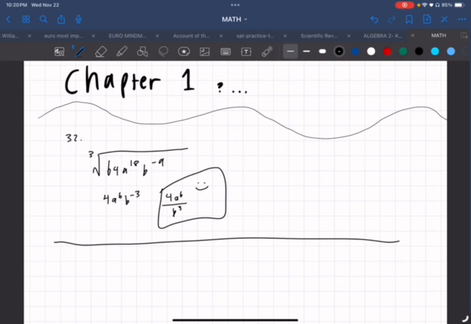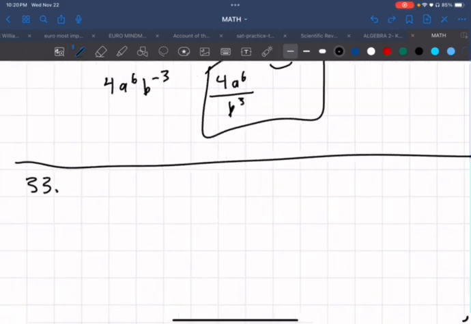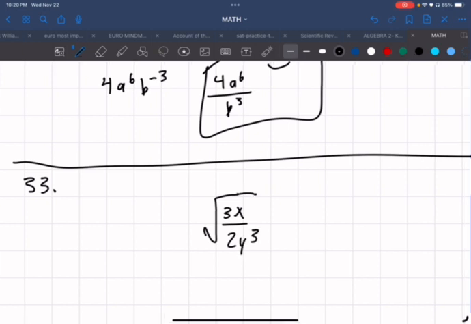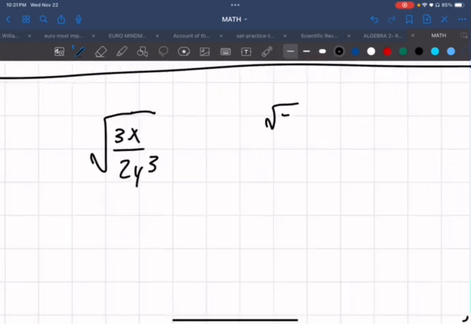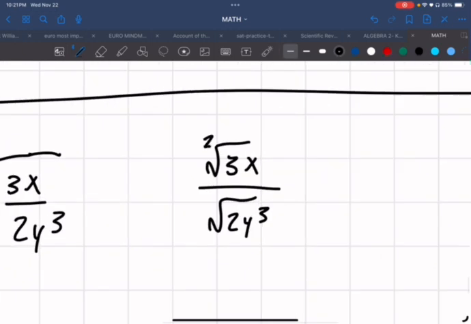Alright, let's try another problem. Problem right after that, number 33. Root 3x over 2y cubed. So this would be root 3x over root 2y cubed. And I like to just put this here.